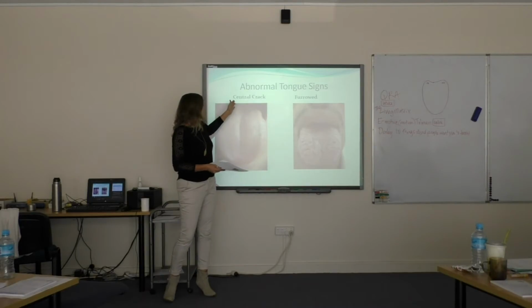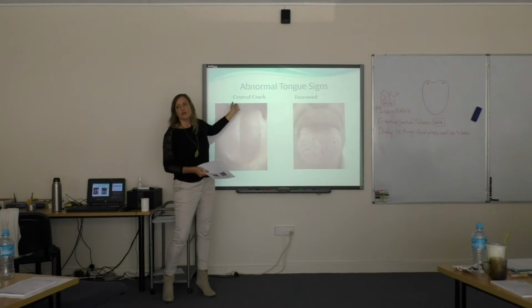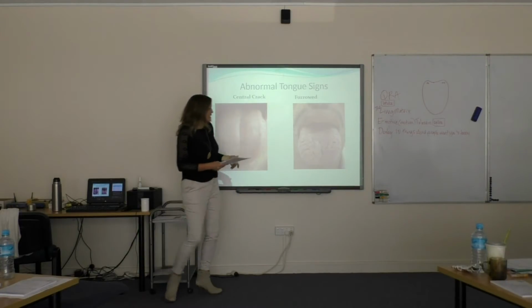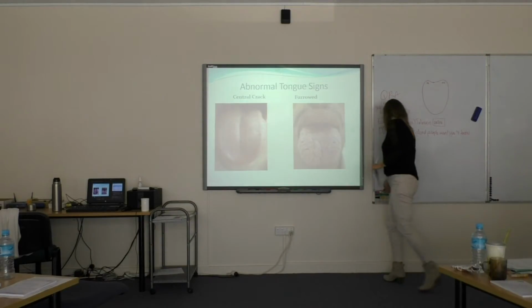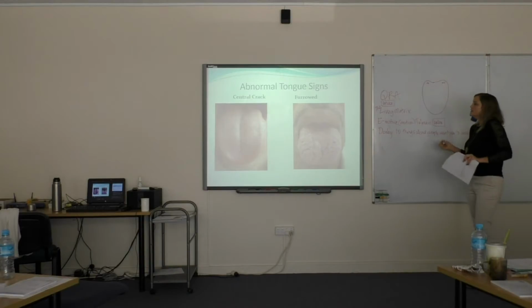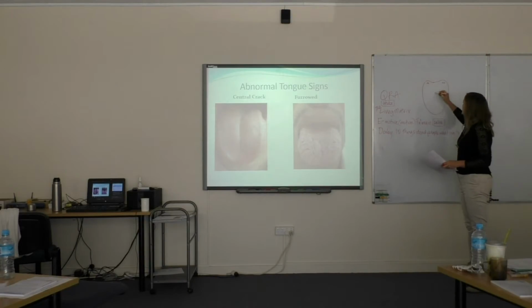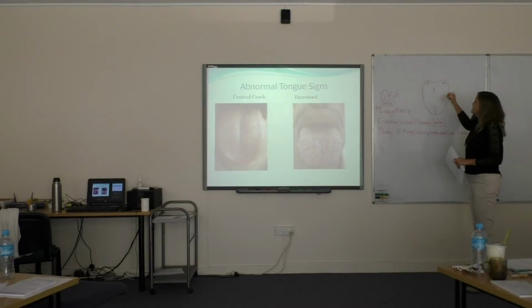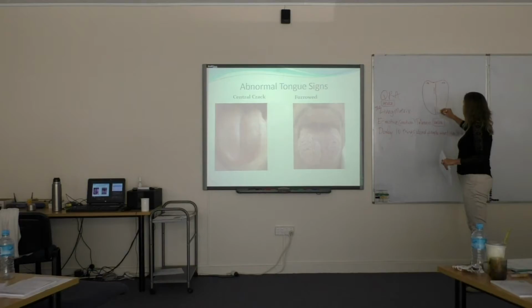Now, when you're looking at somebody and perhaps they have a crack that actually runs all the way down the tongue, what that can be an indication of is either that they are a very sensitive person, or if there are cracks that are only found over part of the tongue, say for instance like there and there, well, that tells us about issues with spinal health. So the spine is represented from here, neck, down to sacral.